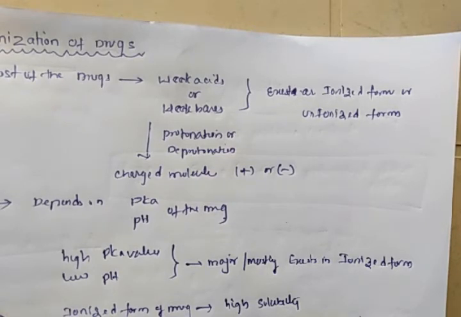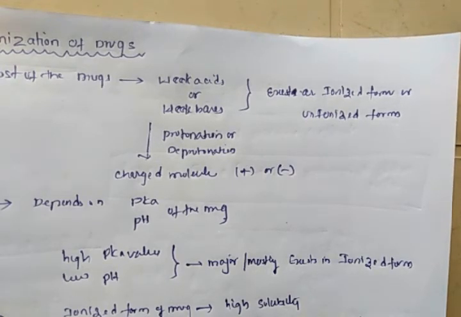So the ionization power of a molecule depends upon its pH and pKa value. High pKa value and low pH value drugs mostly exist in ionized form. So the ionization increases the solubility. Okay, as the solubility increases, the dissolution rate also increases.